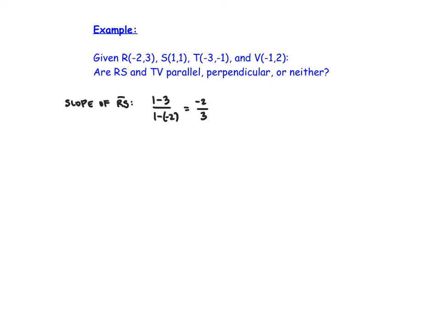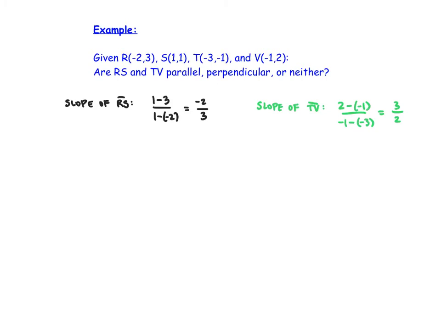We're going to leave it just like that. Slope of TV will be y value minus y value over x value minus x value. That'll be a positive 3 over a positive 2.